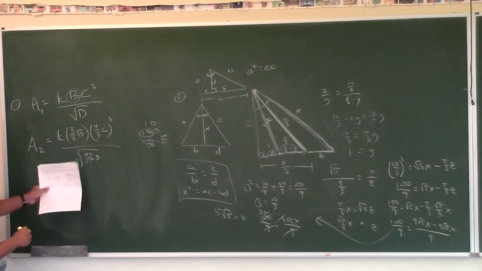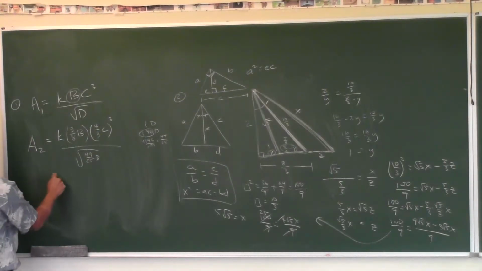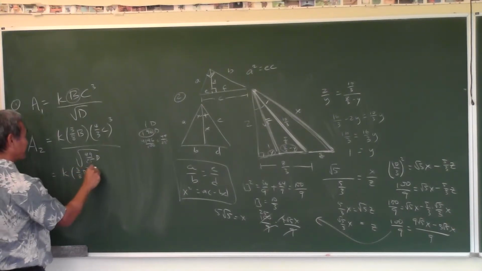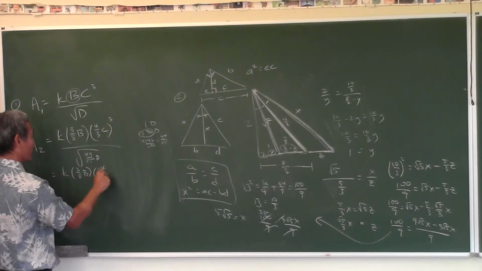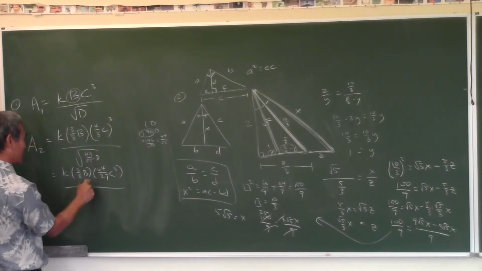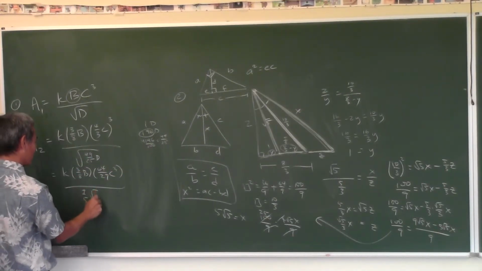See how that's good, because you can square root it. So this becomes K times 3/8 B, then 64 over 27 C cubed, and then this becomes 7/5 radical D.